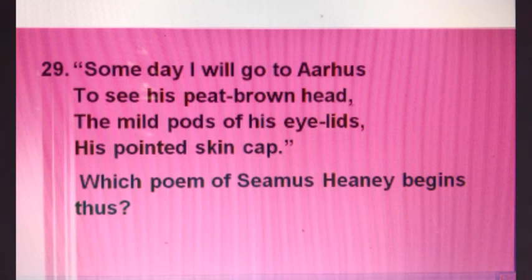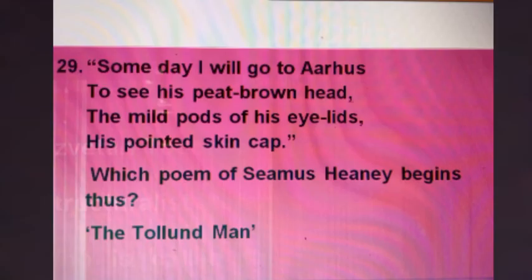Question number 29. Someday I will go to Aarhus to see his peat brown hair, the mild pods of his eyelids, his pointed skin cap.